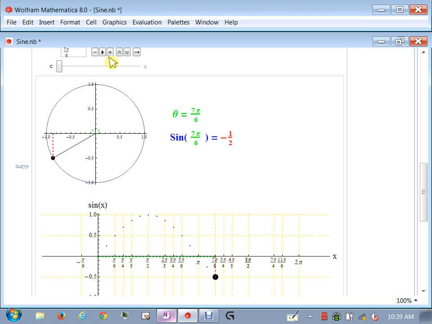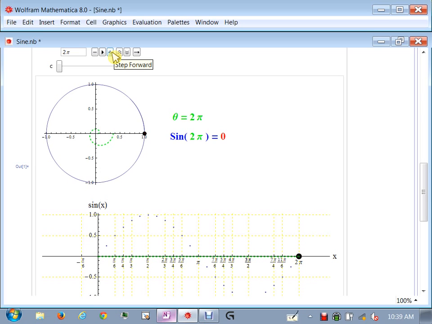So now my graph's going down that way. And then I get to the very bottom right there. My y coordinate is actually what there? -1. And then as I come back around, it's going to get smaller and approach 0. Yes? So this graph right here represents what's happening to sine as I go around the circle one time.